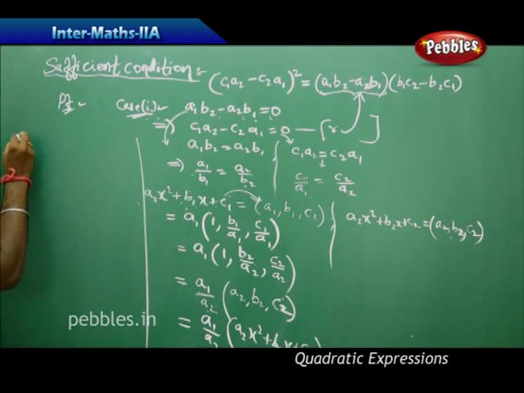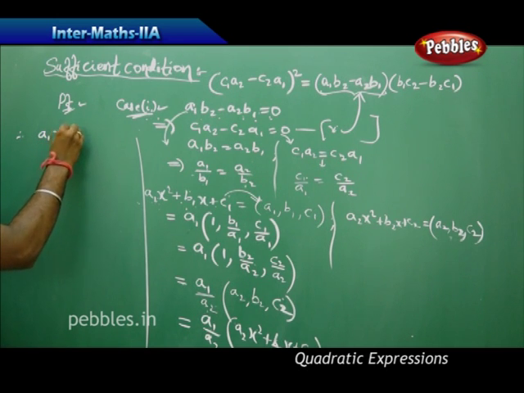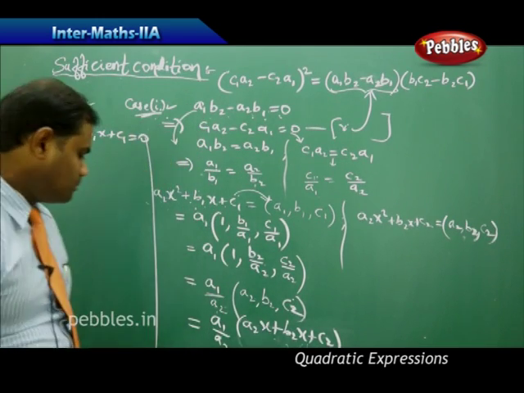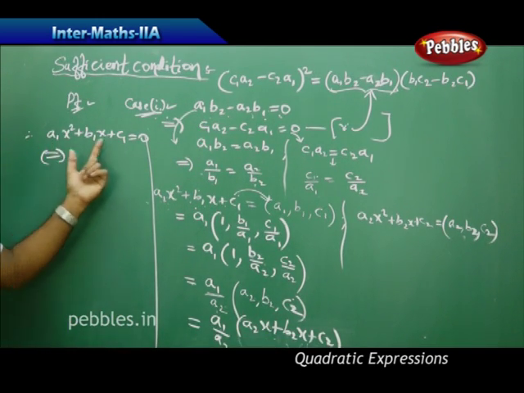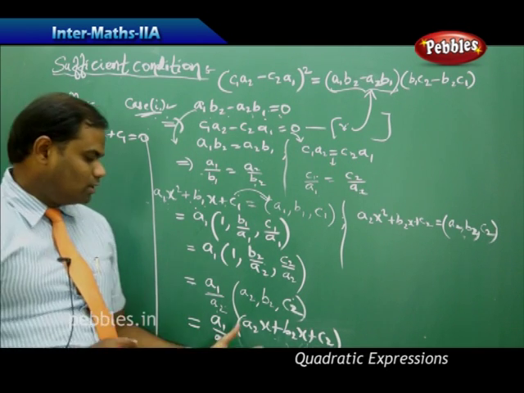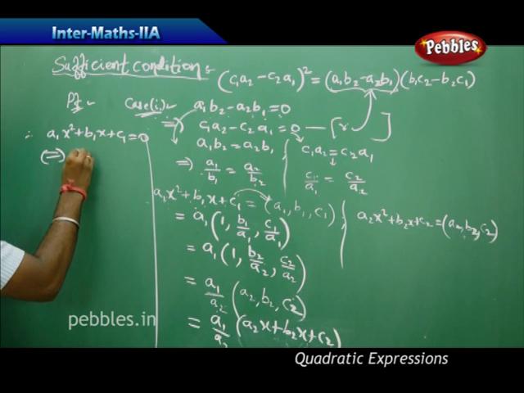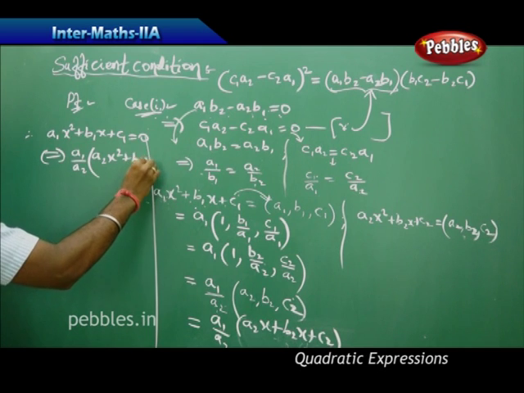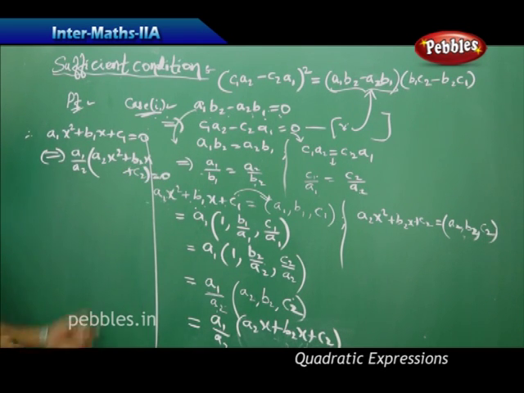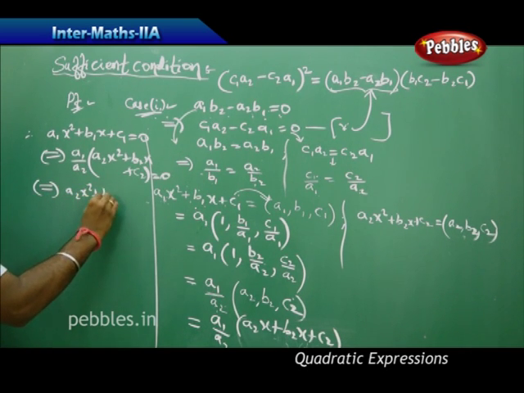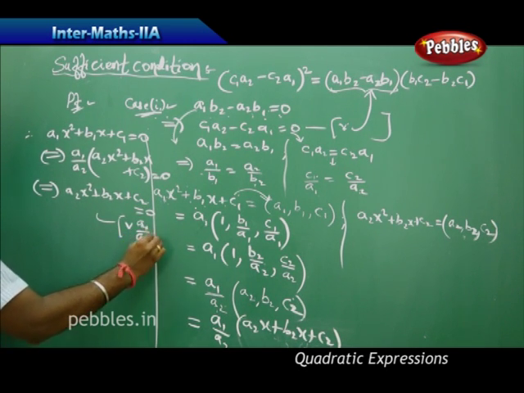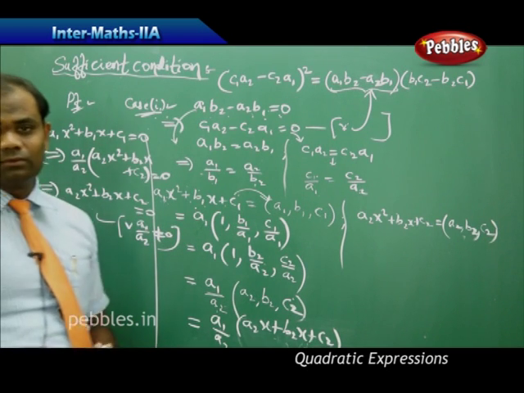This makes us understand that A1 x squared plus B1x plus C1 equal to 0 indirectly means A1 by A2 times (A2 x squared plus B2x plus C2) is equal to 0, which holds if and only if A2 x squared plus B2x plus C2 equal to 0, assuming that A1 by A2 is not equal to 0.